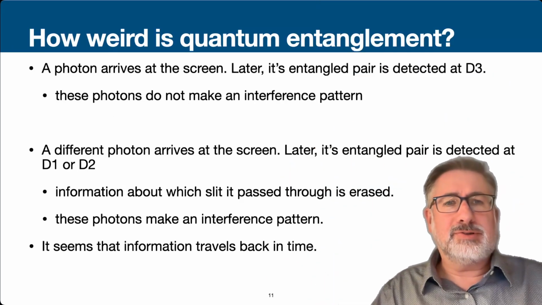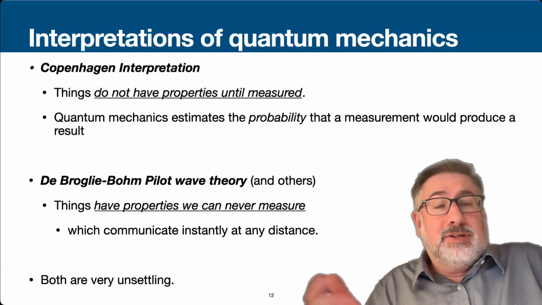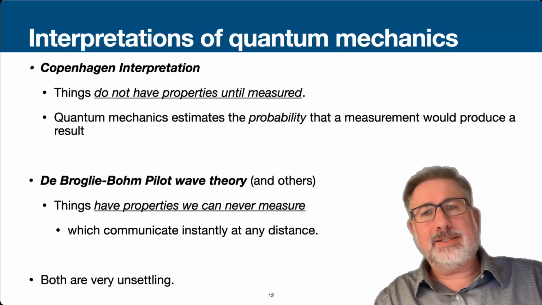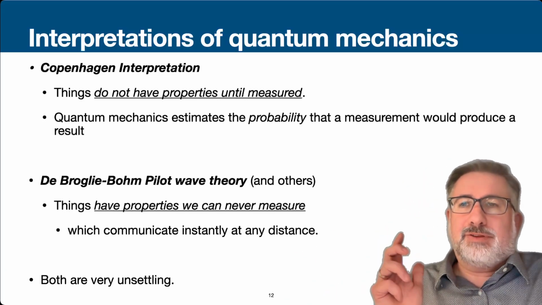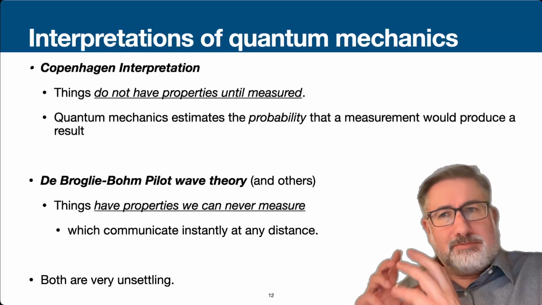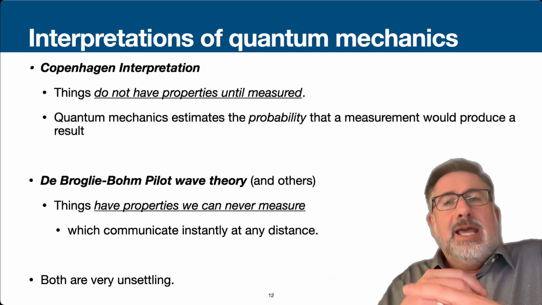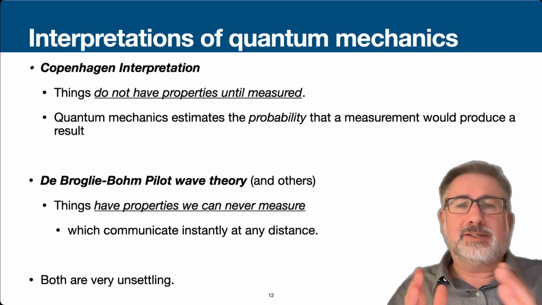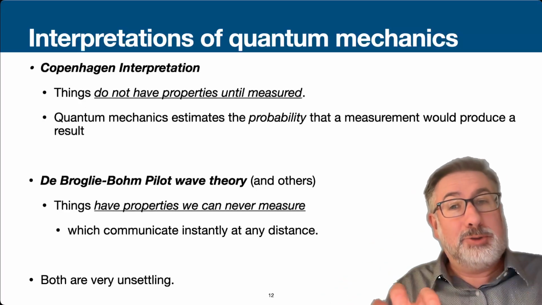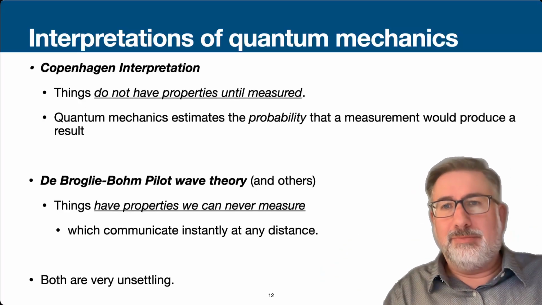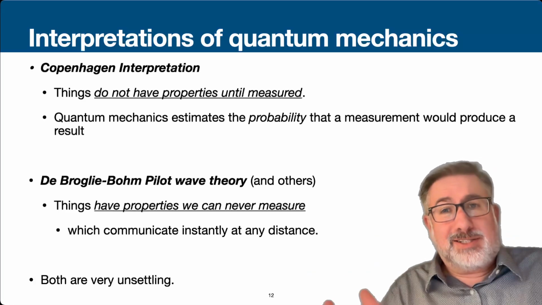A few more notes on this kind of stuff. There are a couple of different ways to interpret quantum mechanics. Some folks believe that this means things don't have properties until they're measured. So they exist in a superposition of states such that they really are multiple things at the same time until they're measured. That's disturbing.